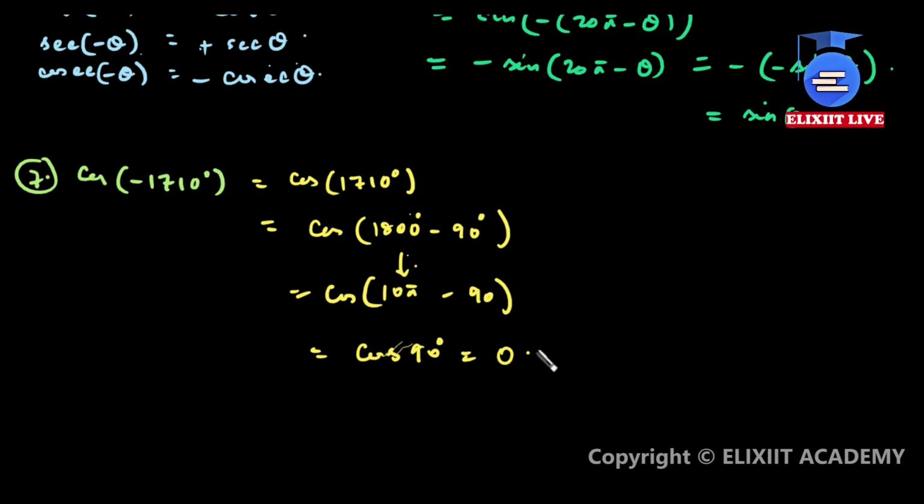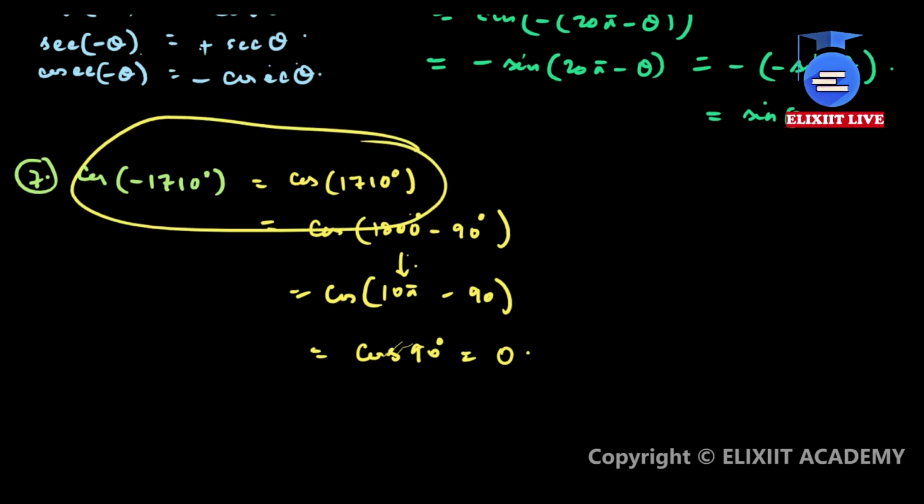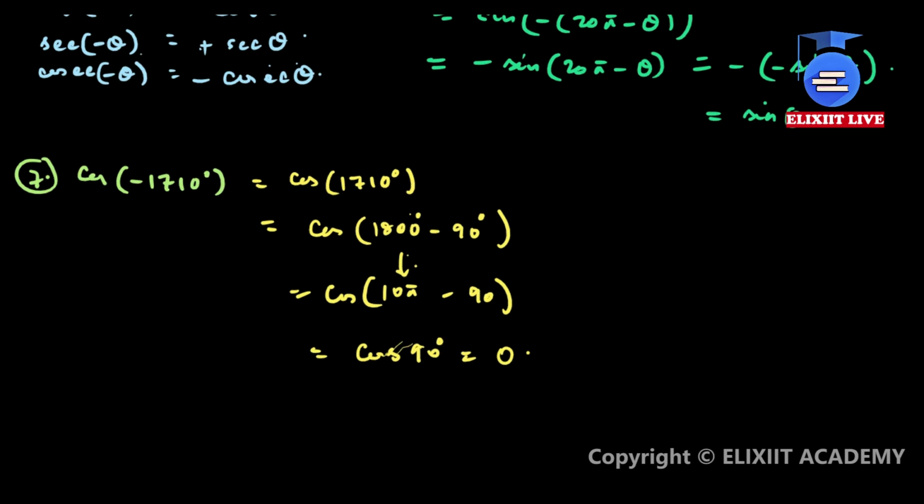Now suppose you tell me, sir, can we keep the minus sign and still work out the question? If we do not convert cos minus theta to cos theta, and keep the minus sign and then work out, yes, you can also do that.